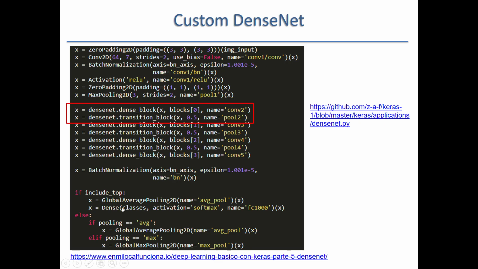So for instance, let's say that you have 1,000 connected, so include top, the last thing will be average pooling, and then doing a dense classification into this fully connected 1,000, because you have 1,000 labels in the output. And then let's say that you don't want to classify, and then just making a pooling is good, so average or max pooling.